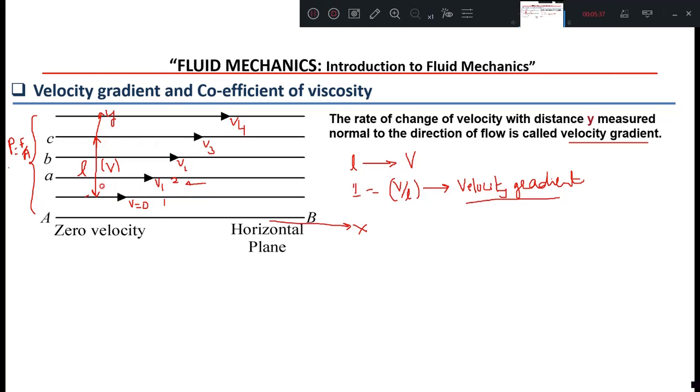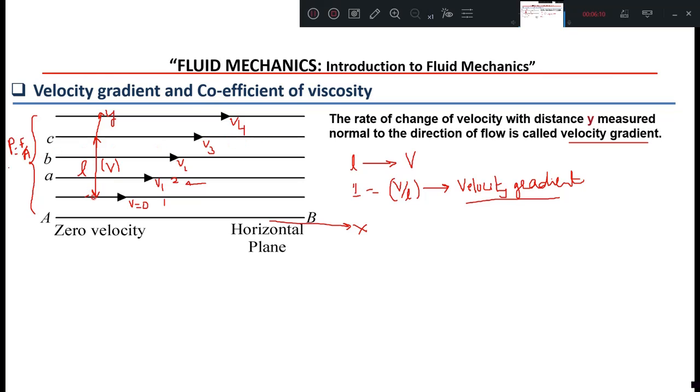As I said, for a unit height or unit length, the velocity difference is V. Here we are applying a pressure force, that is pressure is equal to force per unit area. For the applied force, the layers of the fluid move very fast, so the velocity is maximum for the upper layer.